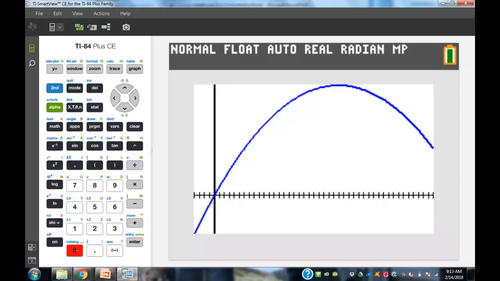Anybody else have a calculator problem? As long as you're seeing a parabola, that's the main thing. If you've got a stat plot on, it may graph it, but it may make your window kind of weird.